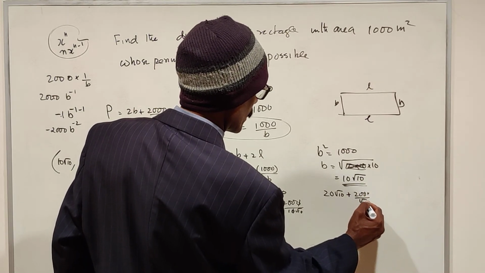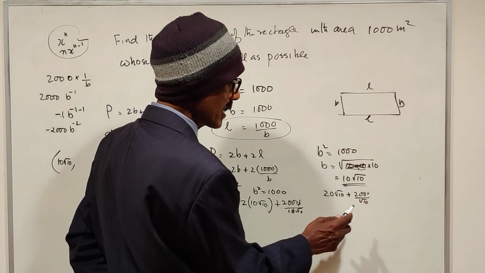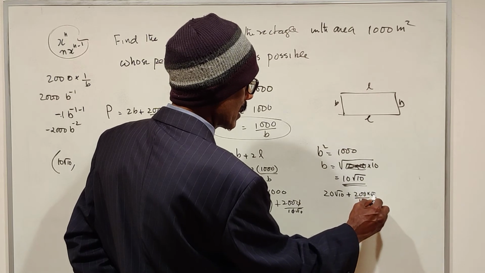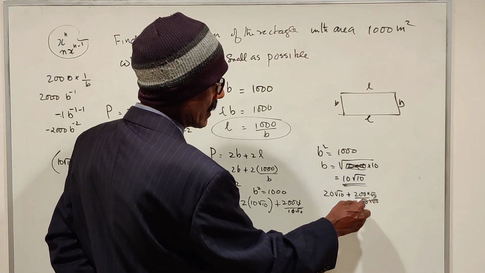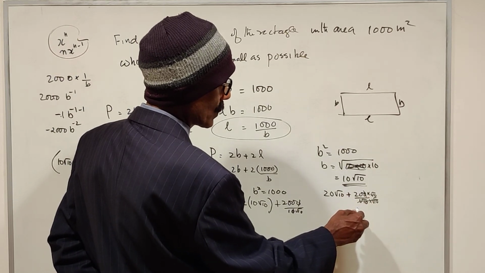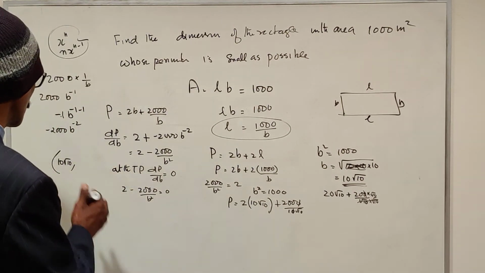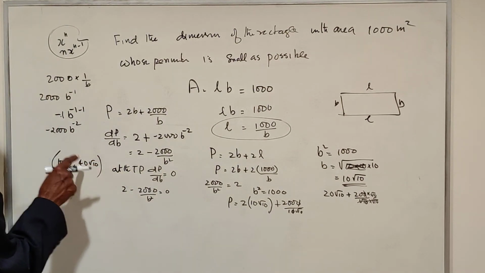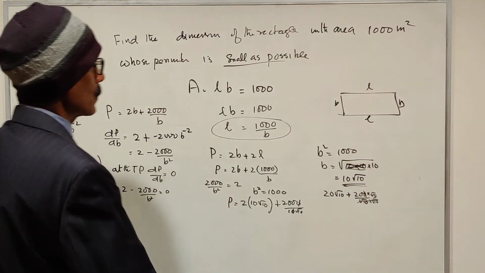Now rationalize the denominator by multiplying root 10 on both numerator and denominator. Root 10 times root 10 is 10, so you can cancel out the zero. So 20 root 10 plus 20 root 10 is 40 root 10. That is the perimeter.